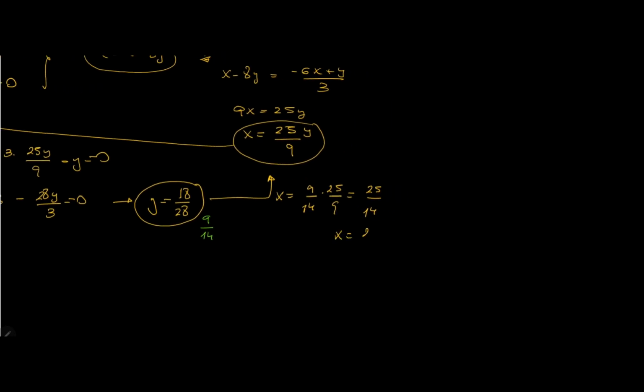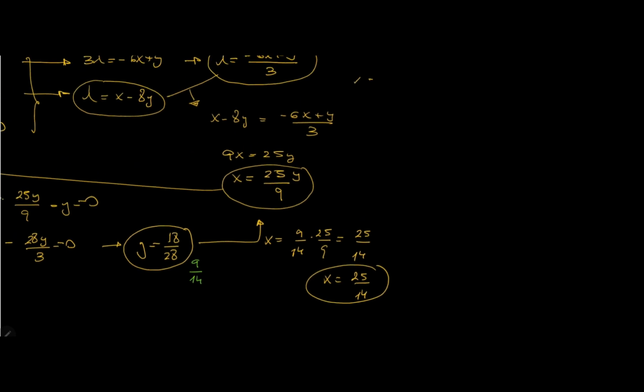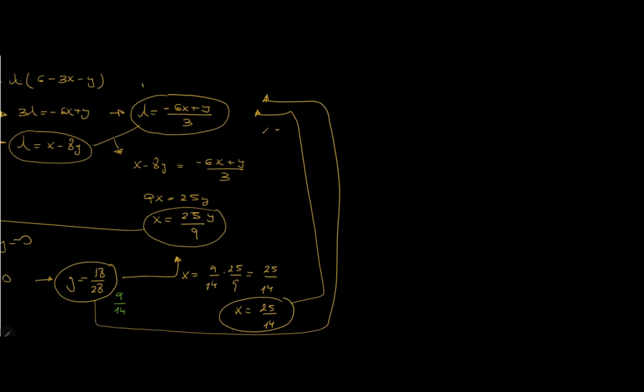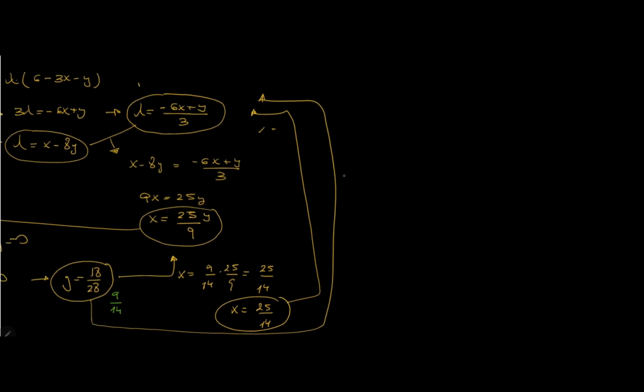So x is equal to 25 divided by 14, and with both x and y, I go to the equations for lambda, and I get a value for lambda: lambda equals 25 divided by 14 minus 8 times 9 divided by 14. If I do all calculations, I get 47 divided by 14.